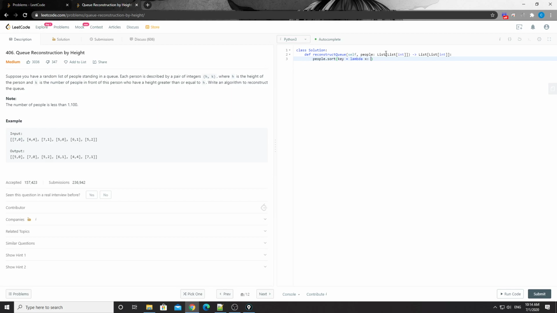So we just use a small trick here, right? We first sort on the negative of the first one, and then the second one we sort on the positive one.